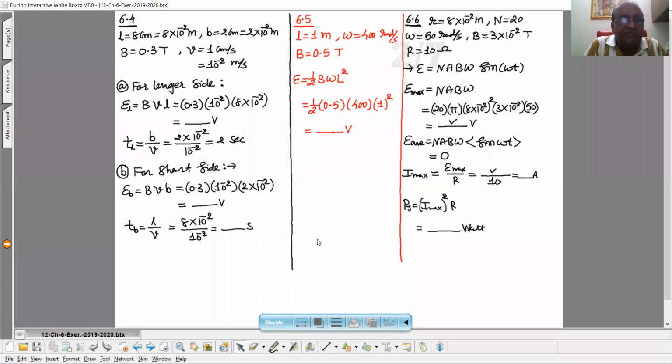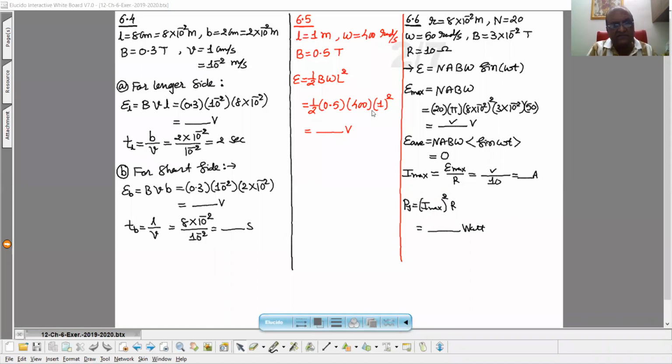What is the EMF developed across the cut if the velocity of the loop is 1 centimeter per second in the direction normal to the longer side and shorter side of the loop? Now, for how long does the induced voltage last in each case?